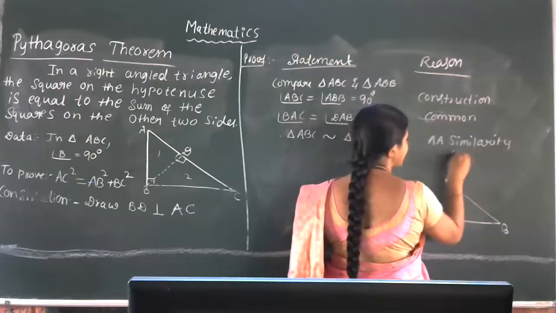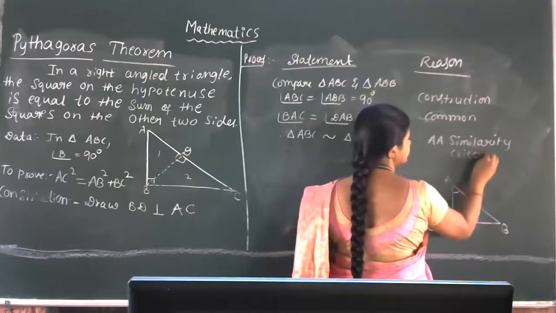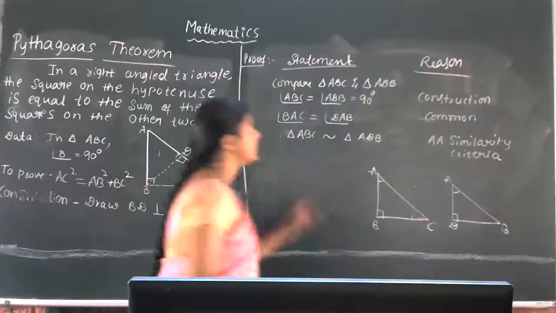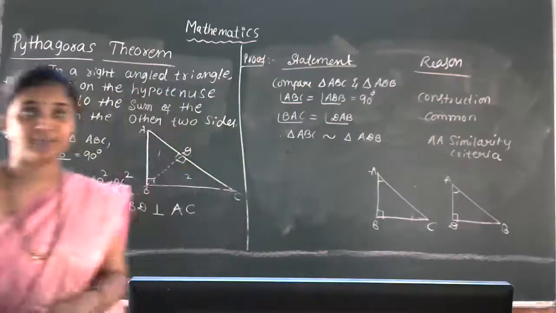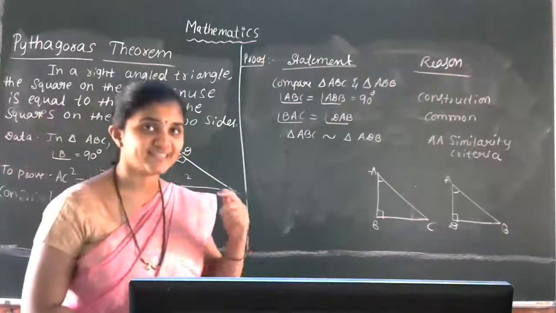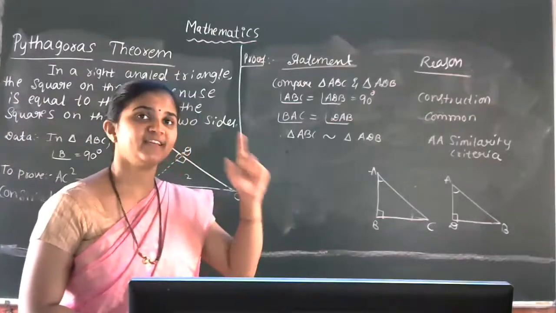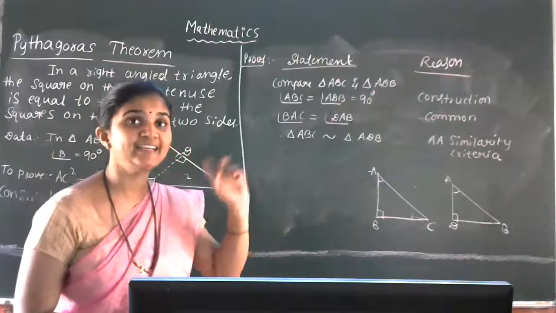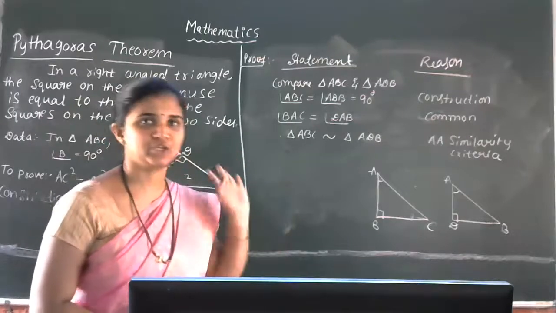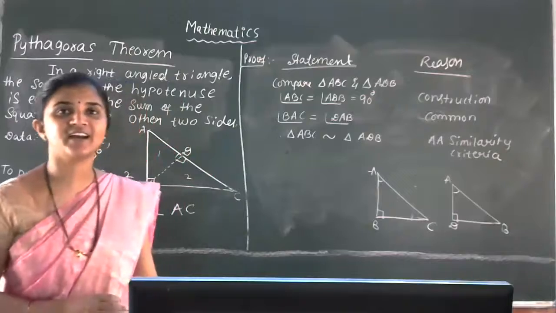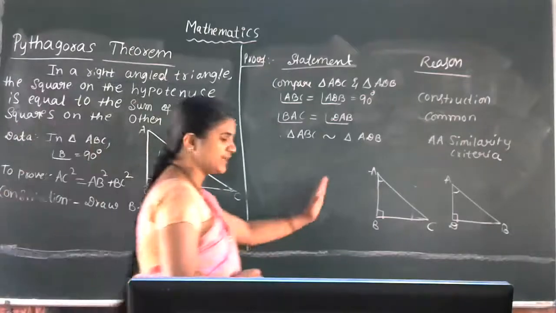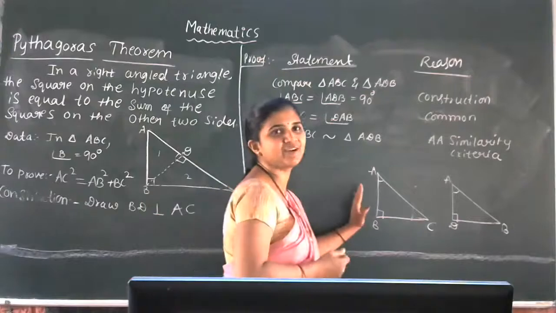First step is over. So what is the first step? Take the two triangles, that is ABC and ADB in the diagram. Compare the two triangles. In that, angles ABC and ADB both are 90 degrees according to construction. Then angle BAC equals angle DAB, which is common. So according to AA similarity criteria, this triangle is similar to this triangle.